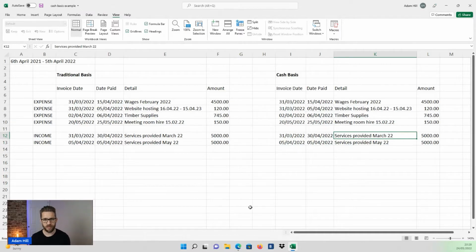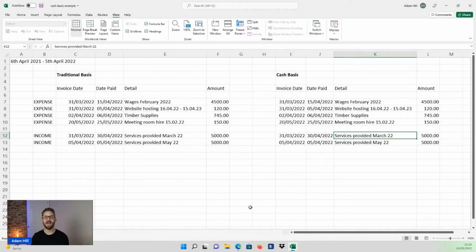Technically, there are two different ways to calculate your profit from self-employment. The first is called traditional accounting. Traditional accounting means that you include any income that has been earned and you include any expenses that have been incurred.